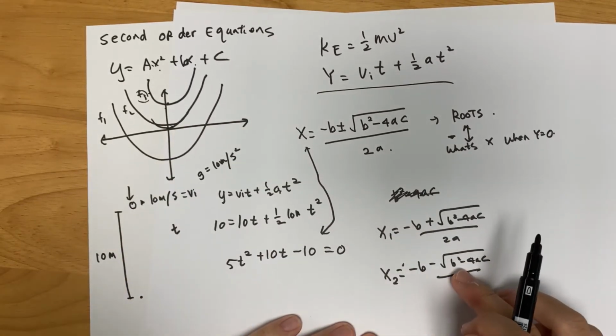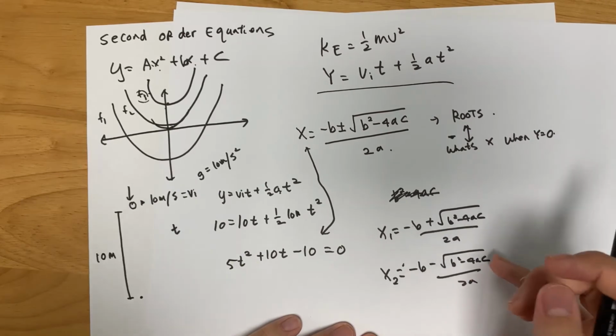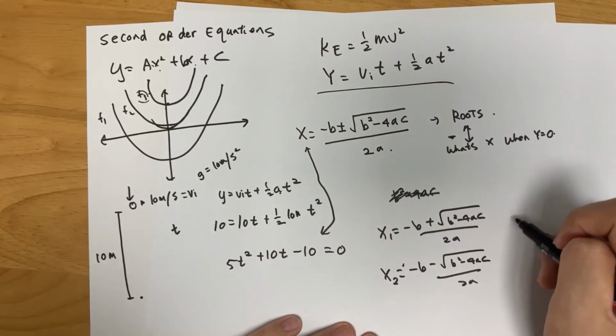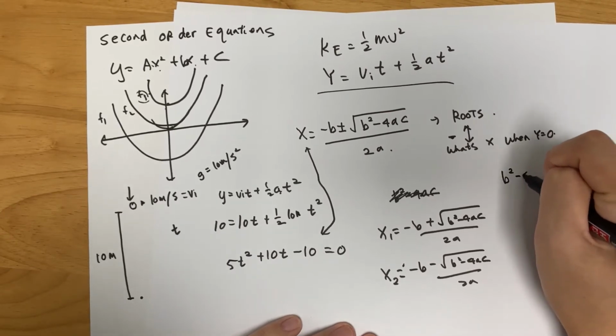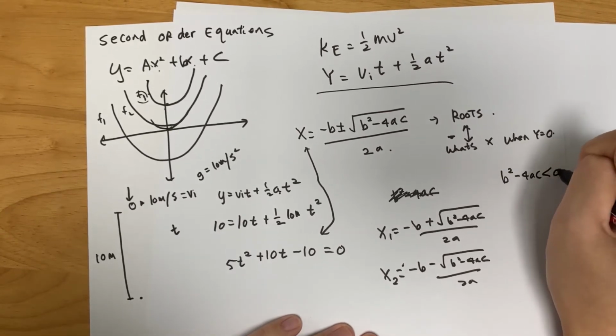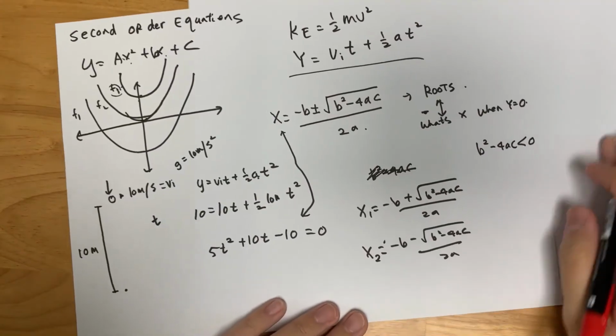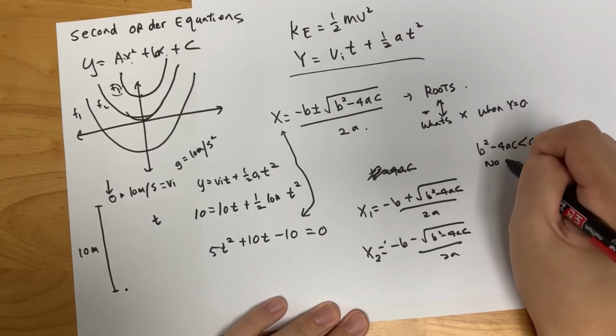But what if b squared minus 4ac equals 0? Let's say if b squared minus 4ac is less than 0, you can see that there is no solution.